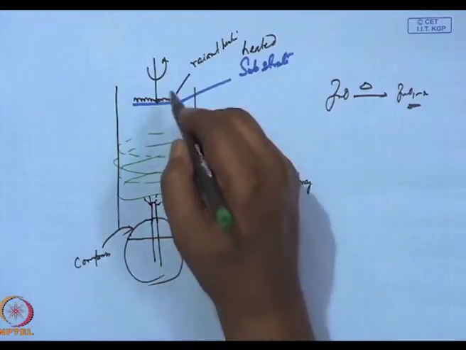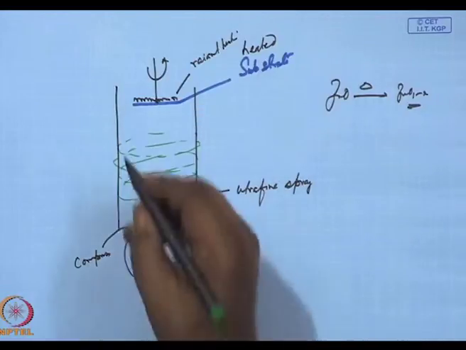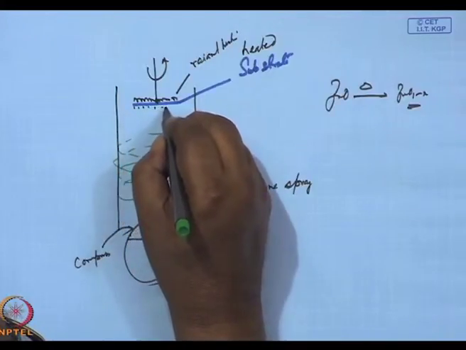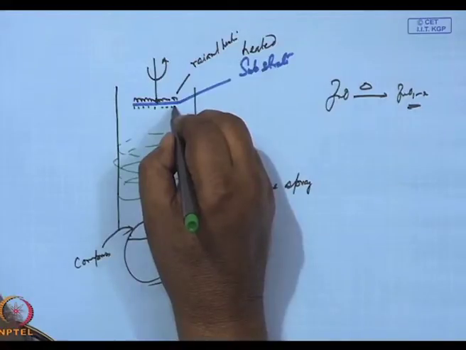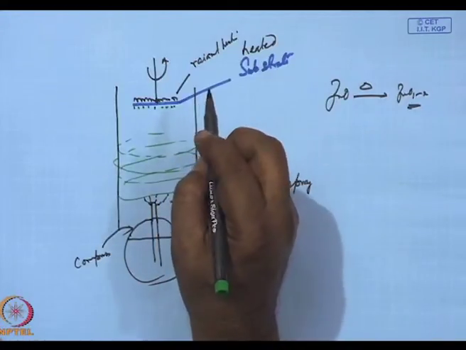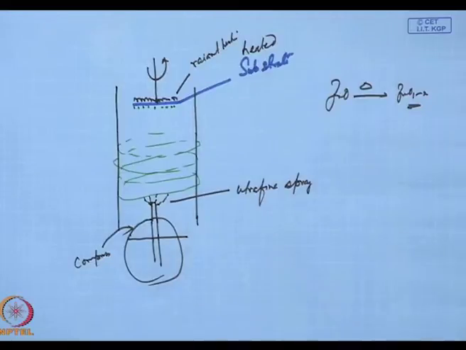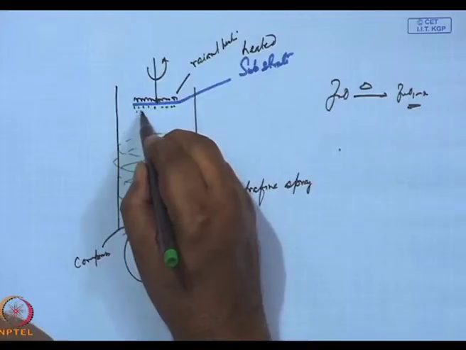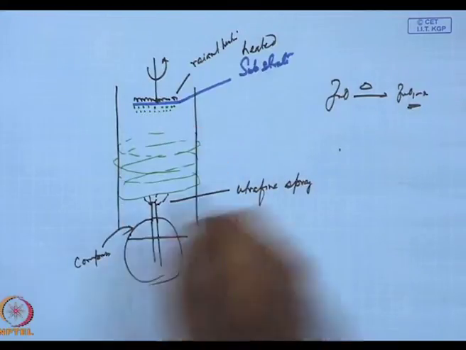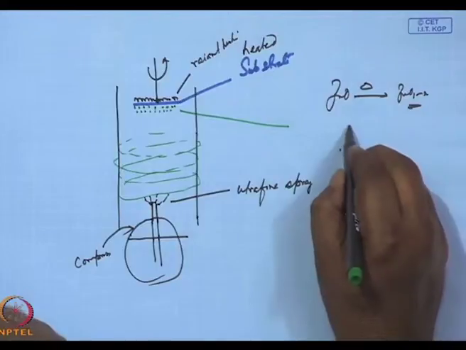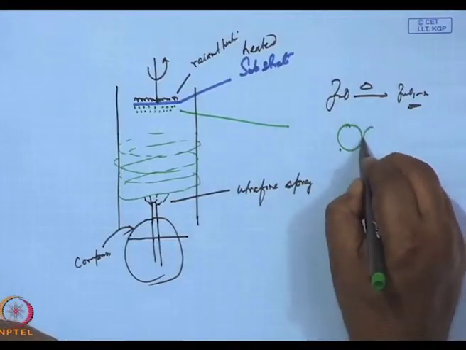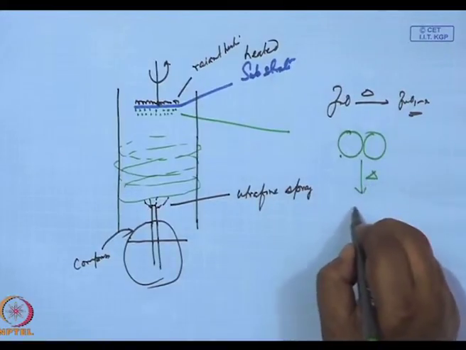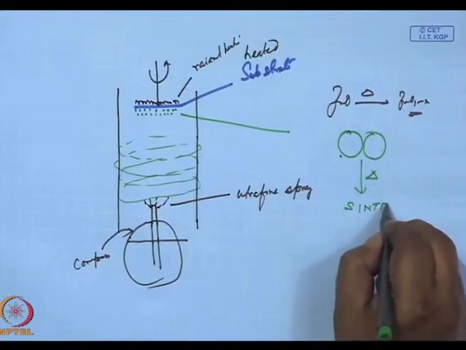So, when I am using this radiant heater, as the first zinc oxide particles are being deposited, they are also undergoing what I call heat sintering.